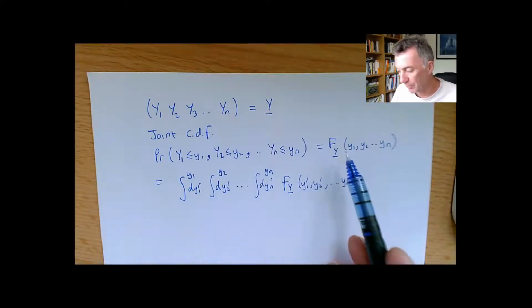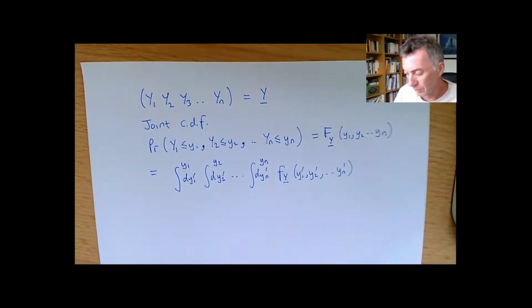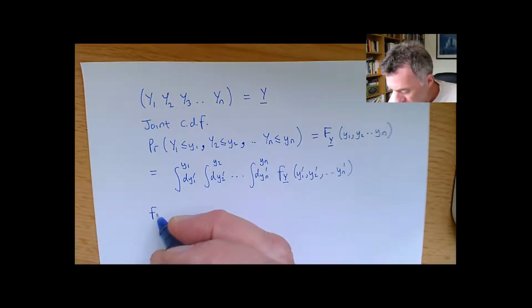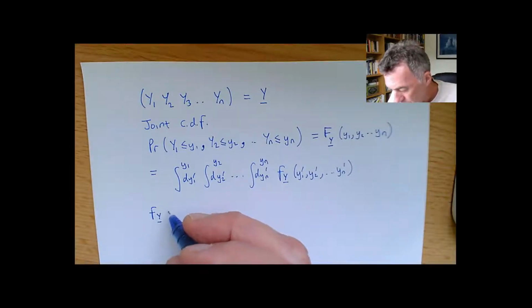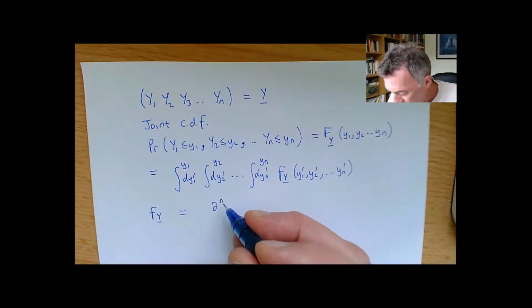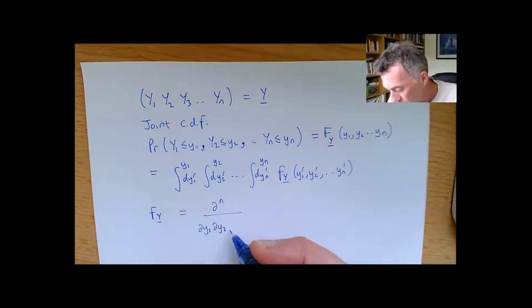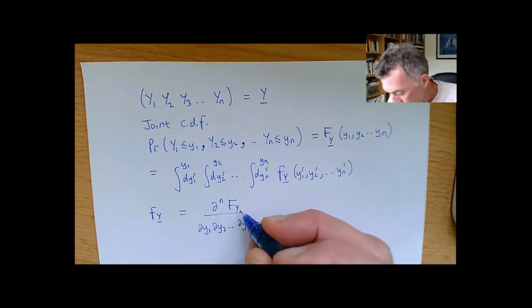So that's from the definition of the density being sort of the derivative of the full cumulative distribution. So alternatively, you could write f_Y is basically the nth partial derivative, d to the n over dy1 dy2 up to dyn of F_Y.